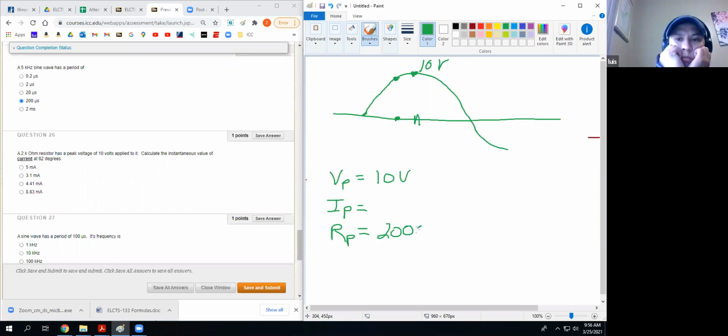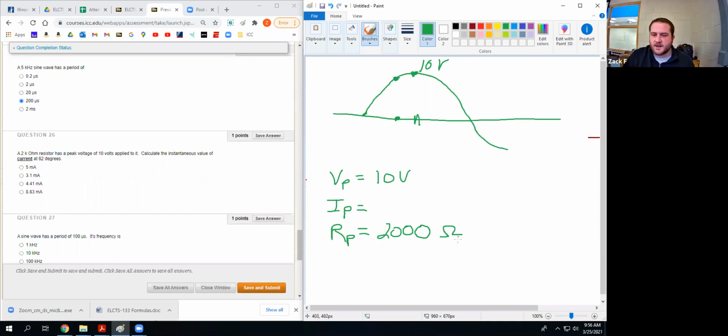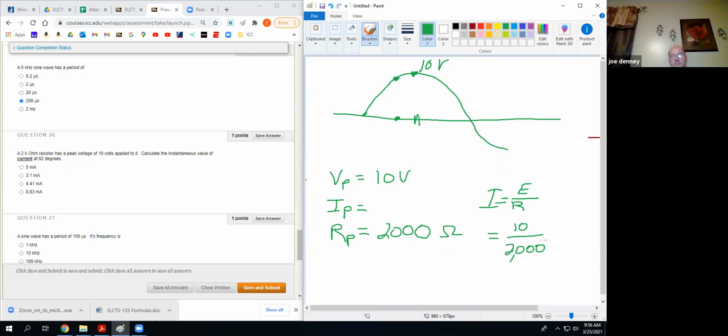No. Resistance is constant. So I'm finding the current at the peak value, I equals E over R, right? So it'd be 10 divided by 2,000. What's that? 5 milliamps.